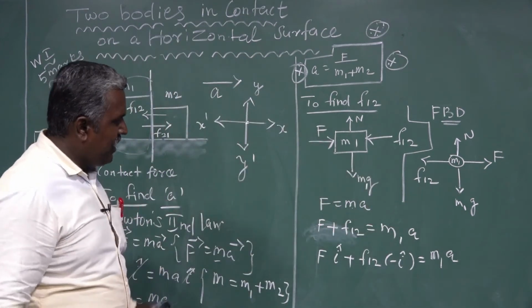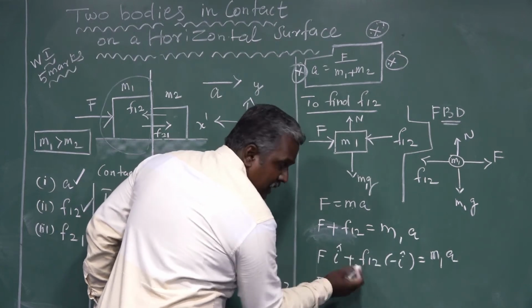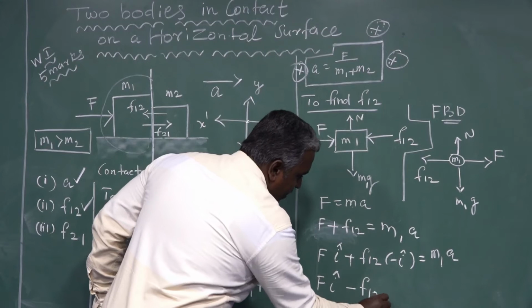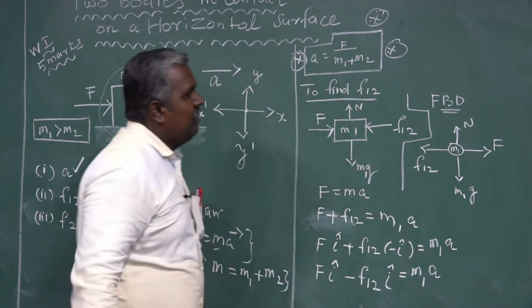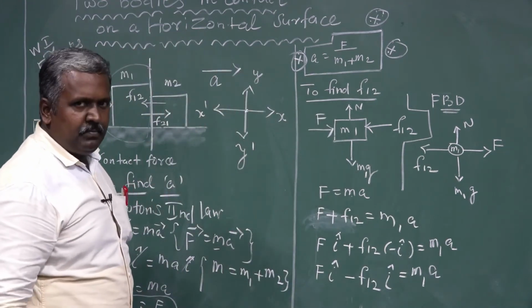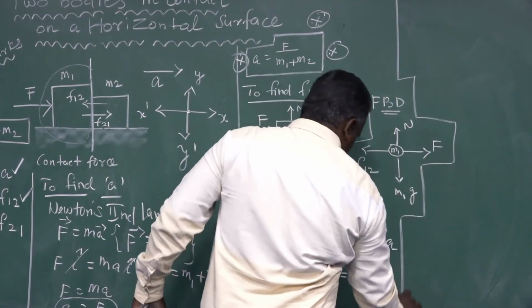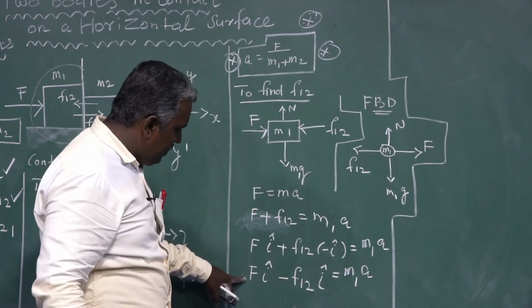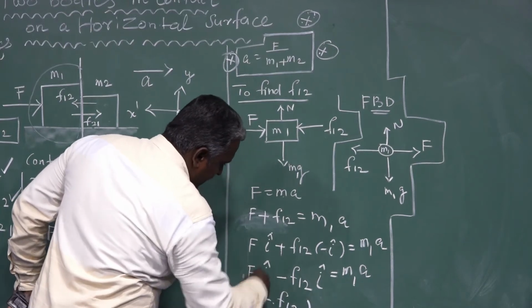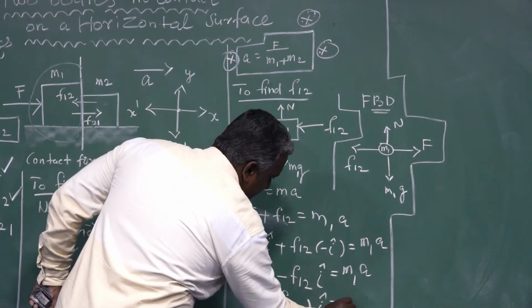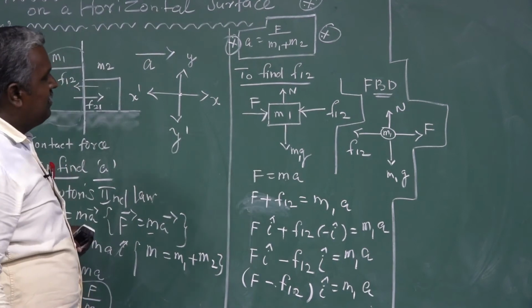Now F i cap minus F12 i cap is equal to M1 a. Very simple. Next. F minus F12 taken outside i cap is equal to M1 a. What is the direction of the acceleration on M1?